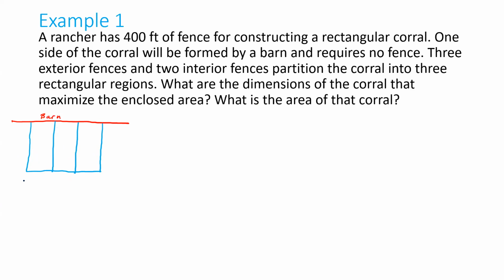It doesn't matter so much, but once we've partitioned it out like this, we see we've got a corral with three sections. So our goal here is we want to optimize the area we're using with a fixed amount of fencing. We want to find the maximum area, but we're restricted in the amount of fencing that we can use.